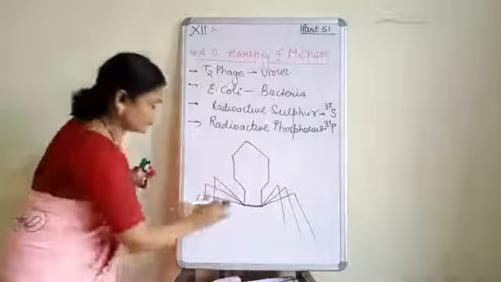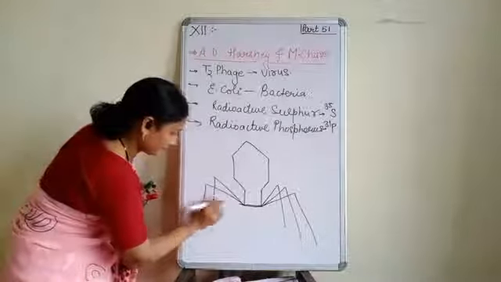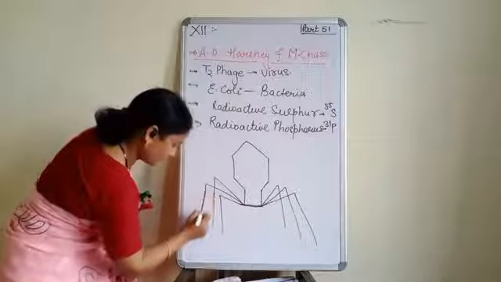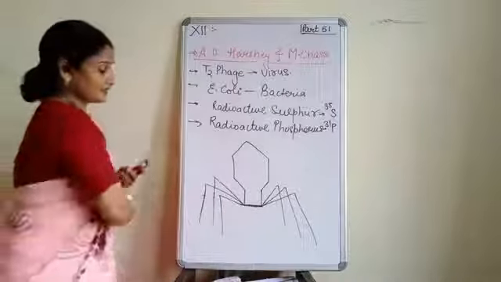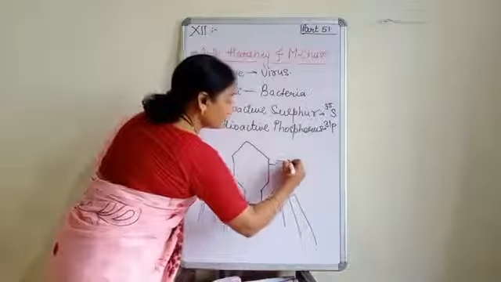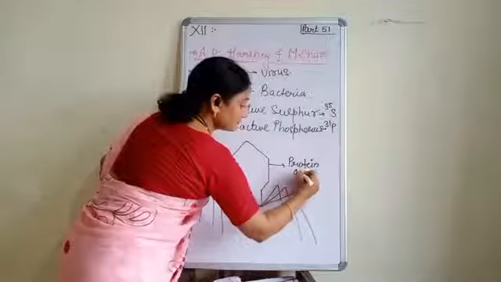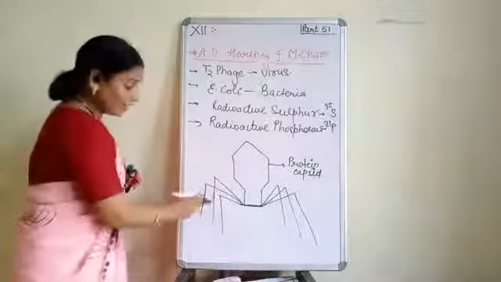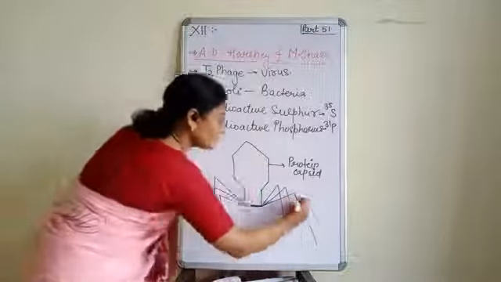Like this. Okay, let me make it shorter. This is the protein capsid. Okay, and all these are tail fibers or tail pieces.